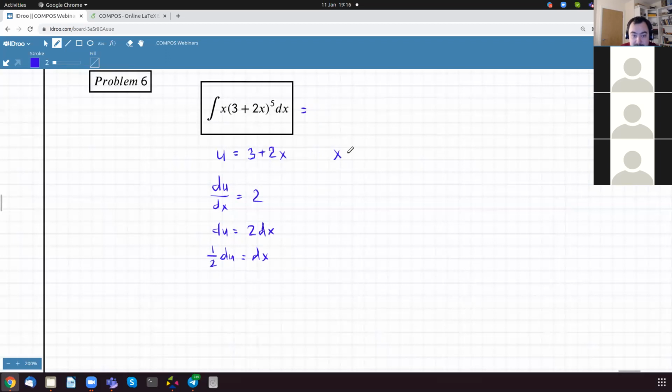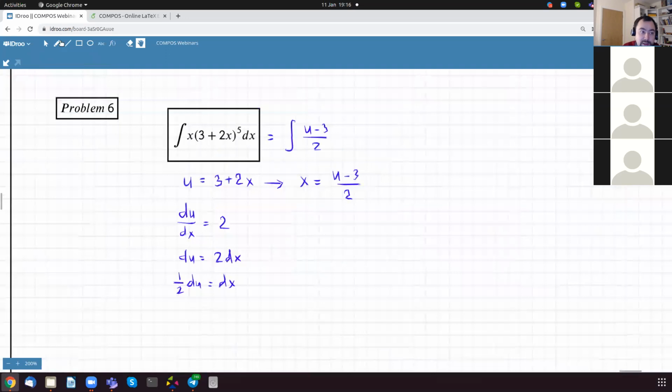So x from here is going to be u minus 3 divided by 2. So directly from here, I found x. So this becomes the integral of u minus 3 divided by 2. The main rule of substitution is that you have to substitute everything. Then it's going to be u to the power 5. And dx is a half du. So it's a half du.